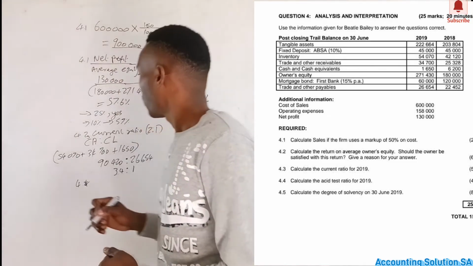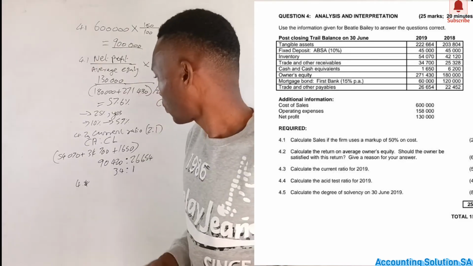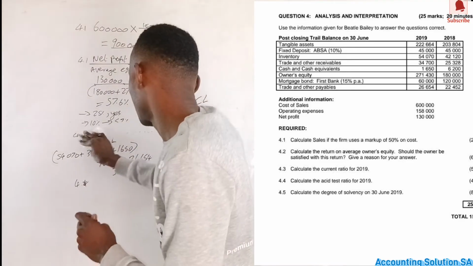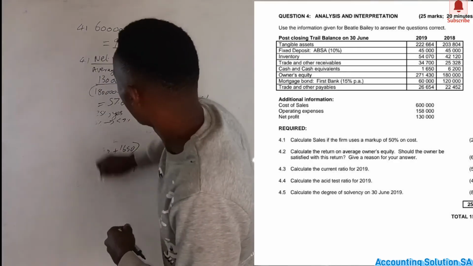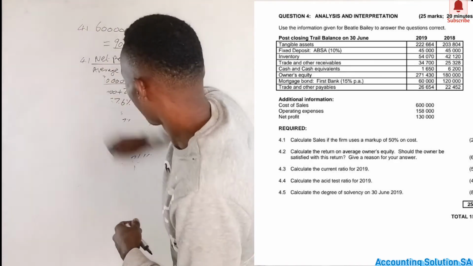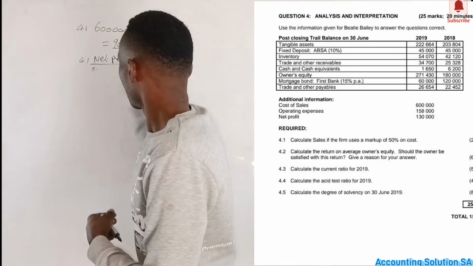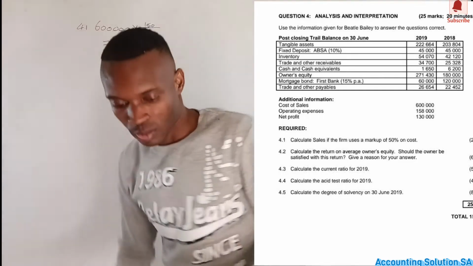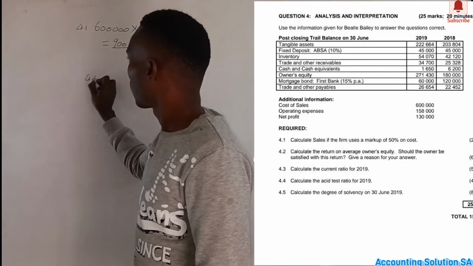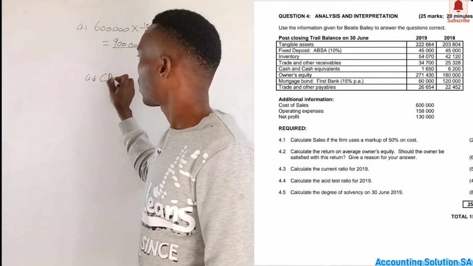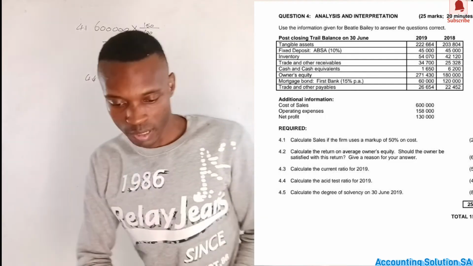liability. Let me clear this chart so that I can write properly. So we're going to say current assets minus inventory is to current liability.